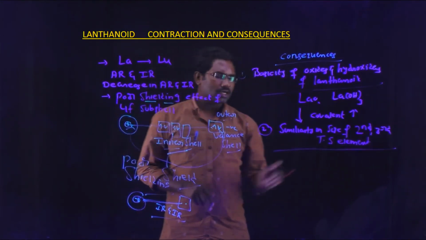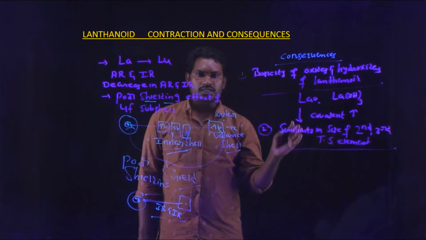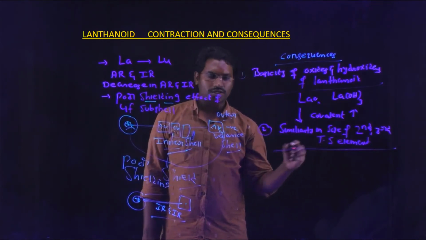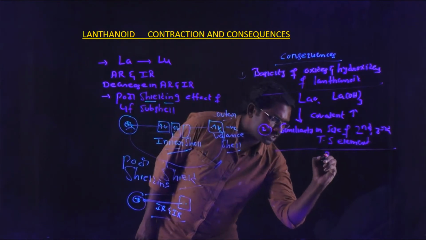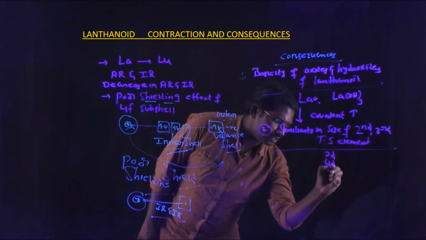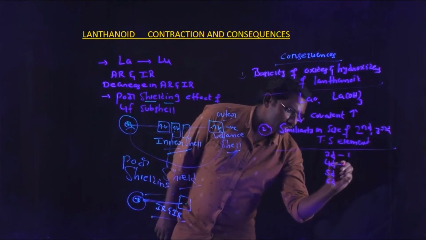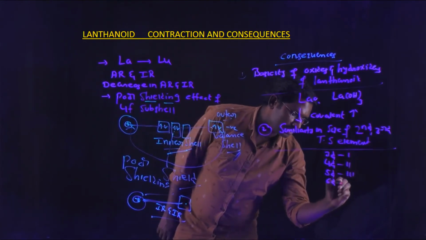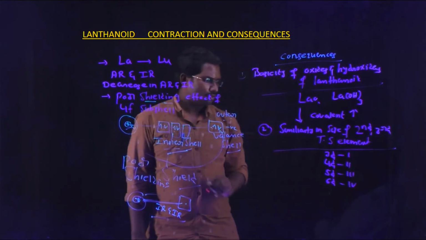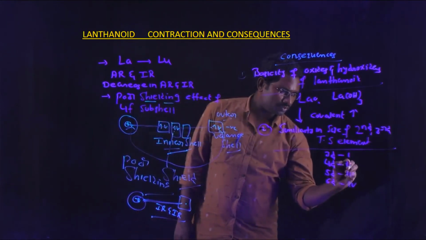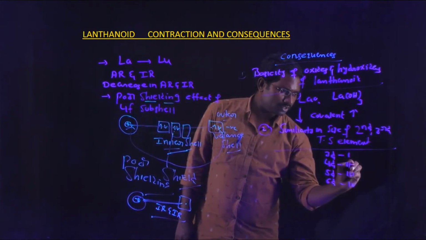Due to lanthanide contraction, the elements present in the second and third series, in the d block, there are 4 series: 3d series, 4d series, 5d series, 6d series. This is the first series, second series, third series and fourth series. Between the second series, meaning 4d, and the third series, meaning 5d.